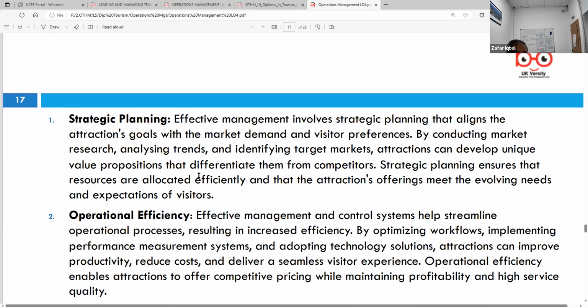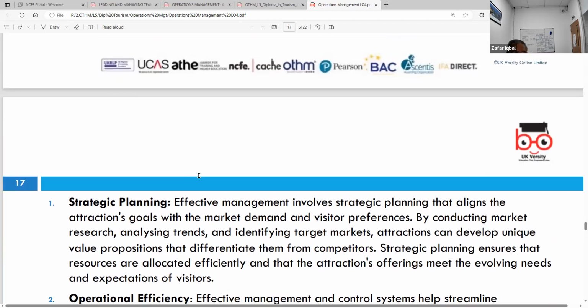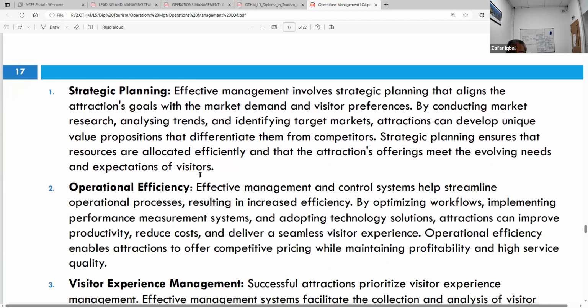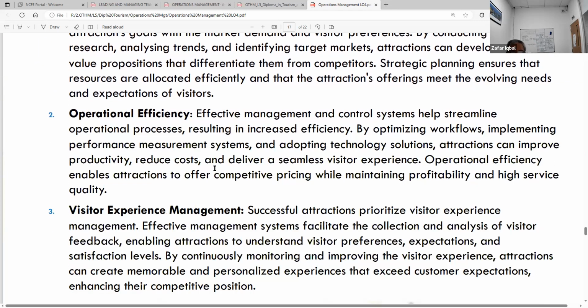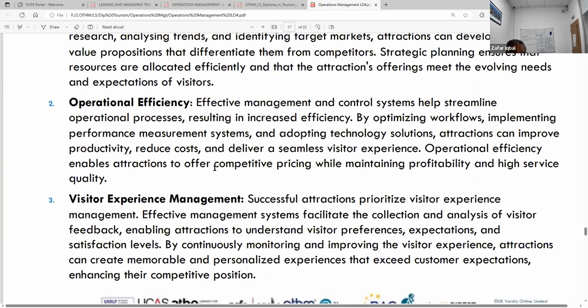So we can stay competitive, we can stay attractive, we can stay in business if we plan, coordinate our resources and control our resources and use our skills and research abilities and marketing and so on. Okay, operational efficiency, i.e. how can we stay better with a minimum cost, but increasing our efficiency.